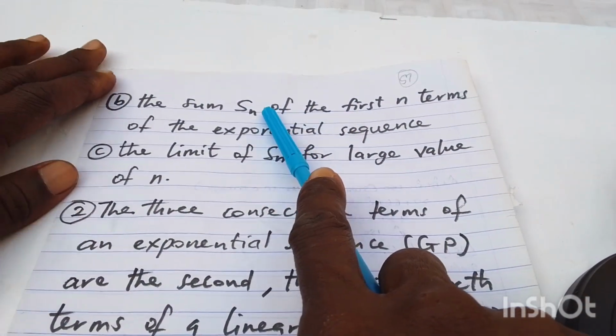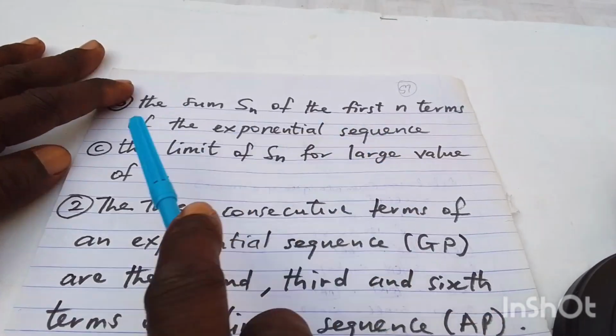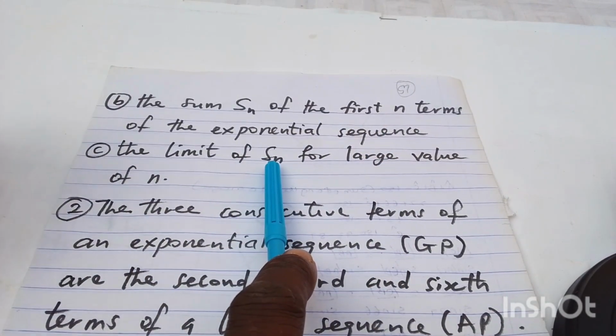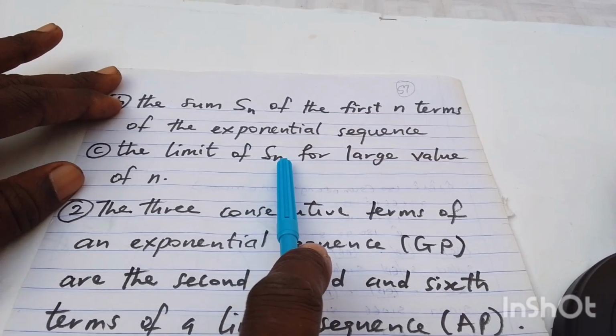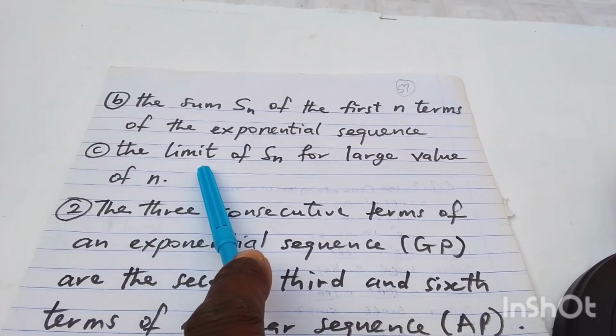Then B, the sum of the first n terms of the exponential sequence. C, the limit of the sum of the n terms for large values of n. So that means you have to look for the sum to infinity.